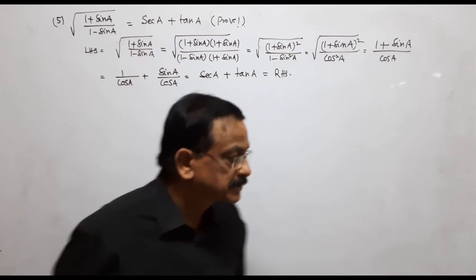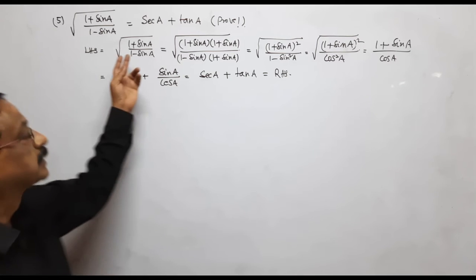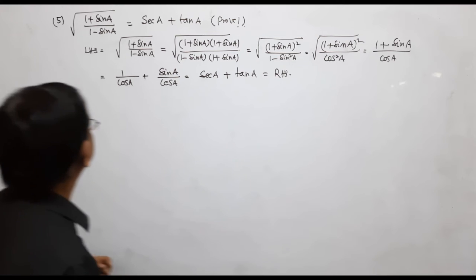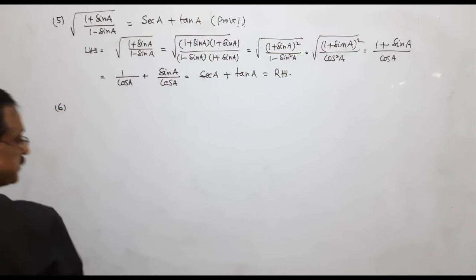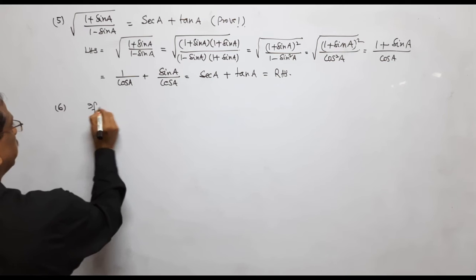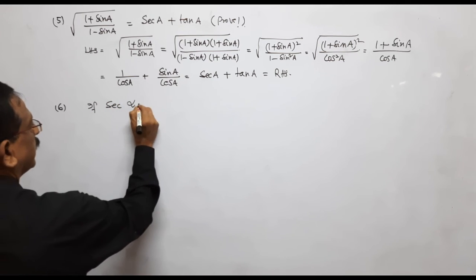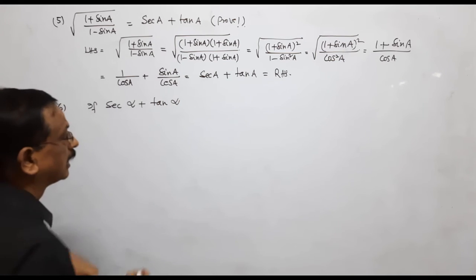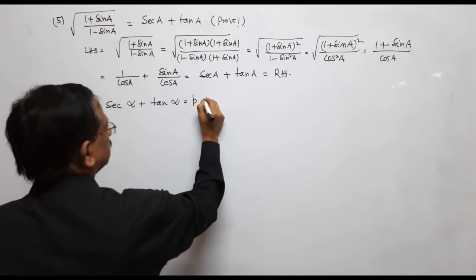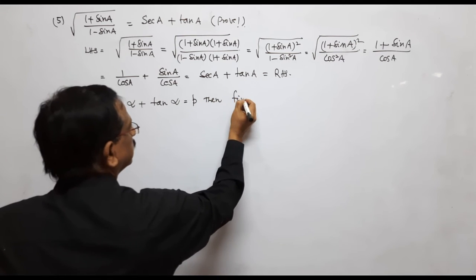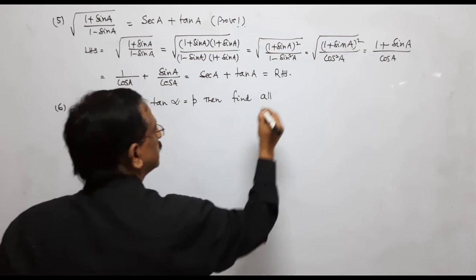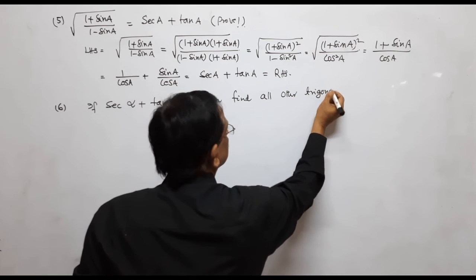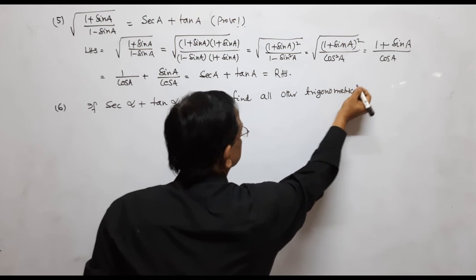We have many problems of this kind, and you can even try with root of (1 plus cos A) by (1 minus cos A). You can check what it is. But I'm interested in this kind of problem. If secant alpha plus tan alpha, where alpha is an angle, is equal to P, then find all other trigonometric ratios.